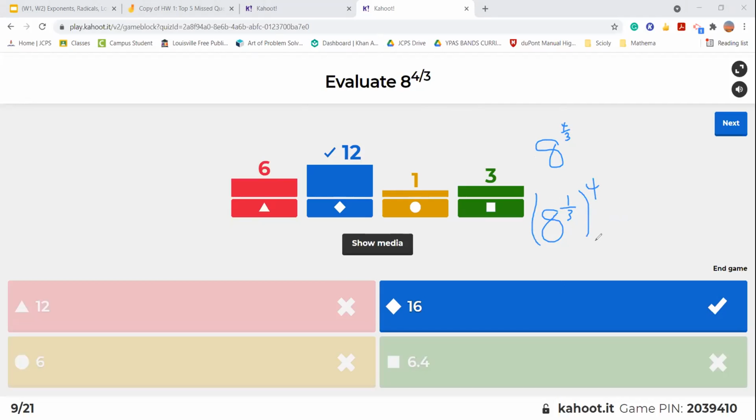If I had this as my expression, I can simplify this to this, right? So I'm just going in the opposite direction and writing it this way. Now I'm going to calculate the thing inside the parentheses first. So 8 to the power of 1/3 is the cube root of 8, which is 2. Then 2 to the power of 4, that's just 16. Make sense? Yeah. Great.